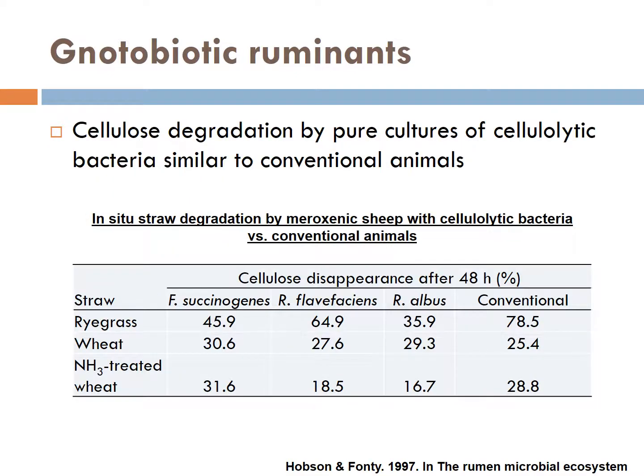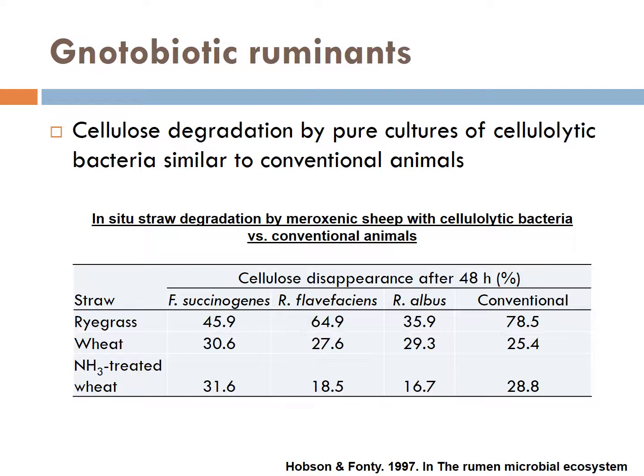Another insight of studying feed degradation with gnotobiotic ruminants is that cellulose degradation by pure cultures of cellulolytic bacteria is similar to conventional animals. Meroxenic sheep were colonized with Fibrobacter succinogenes, Ruminococcus flavefaciens, or Ruminococcus albus. Conventional animals were included for comparison.